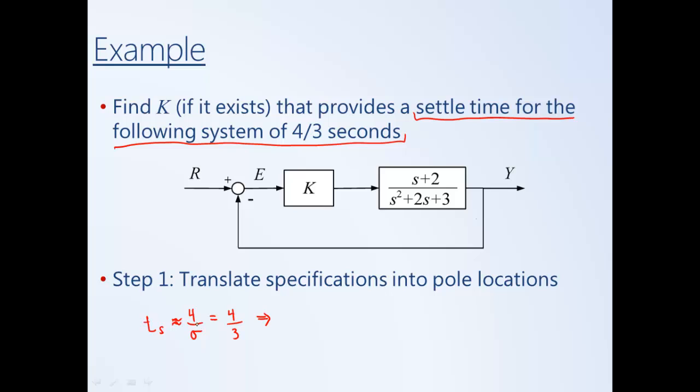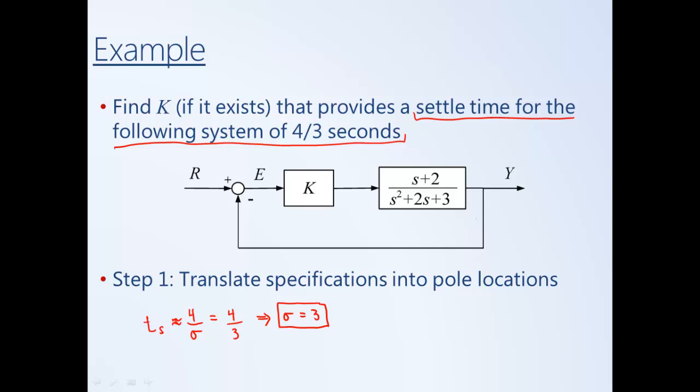We can multiply through by the 3 and divide through by the 4, and then we get that sigma is equal to 3. Okay. And so from a first glance, we can right away see that we're not going to have a canonical second order system, because we're going to end up with a 0 in our closed loop system.